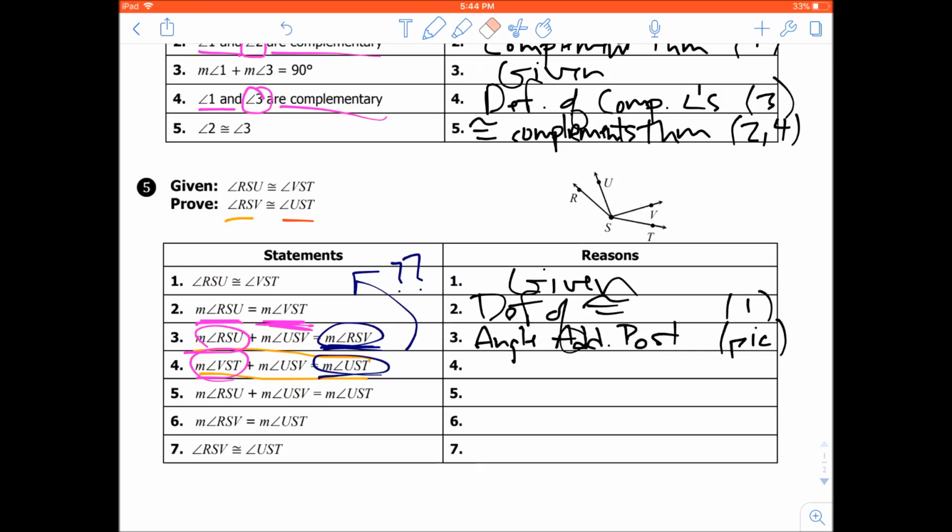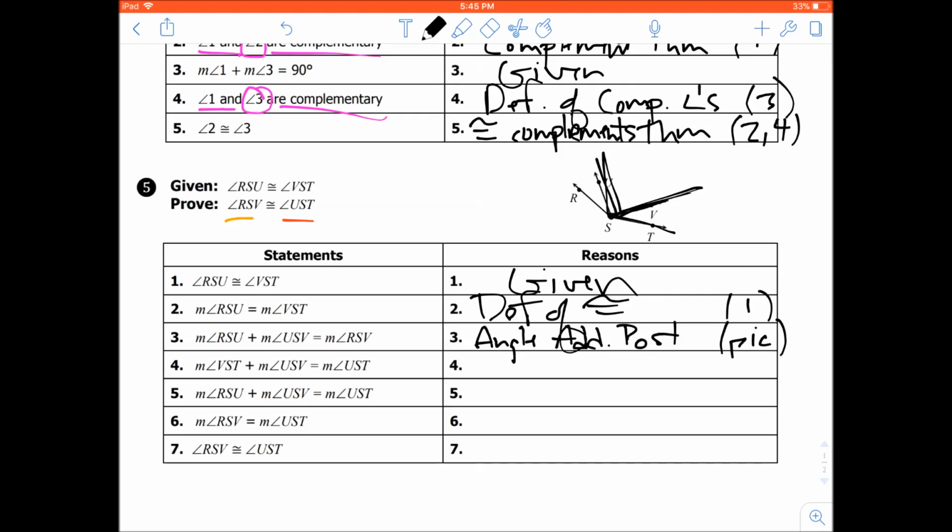So how else do we get something that looks like this, where it has like an angle plus an angle plus an angle equals another angle? Well, let's see where these are in the picture. So VST, that first one, that's right here. Ooh, not even close. There's VST. And then USV, that's right here. Oh, those are kind of next to each other. It looks like a part plus a part.